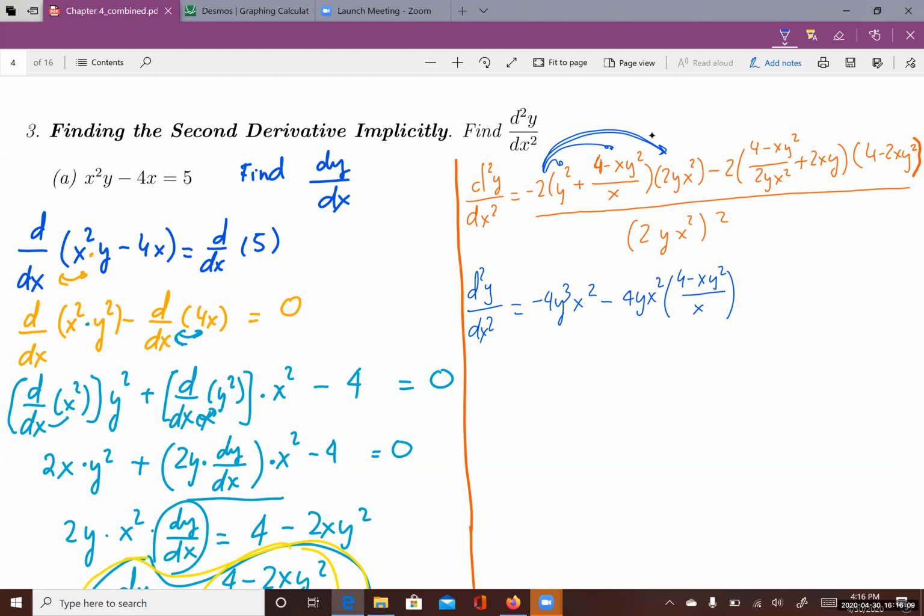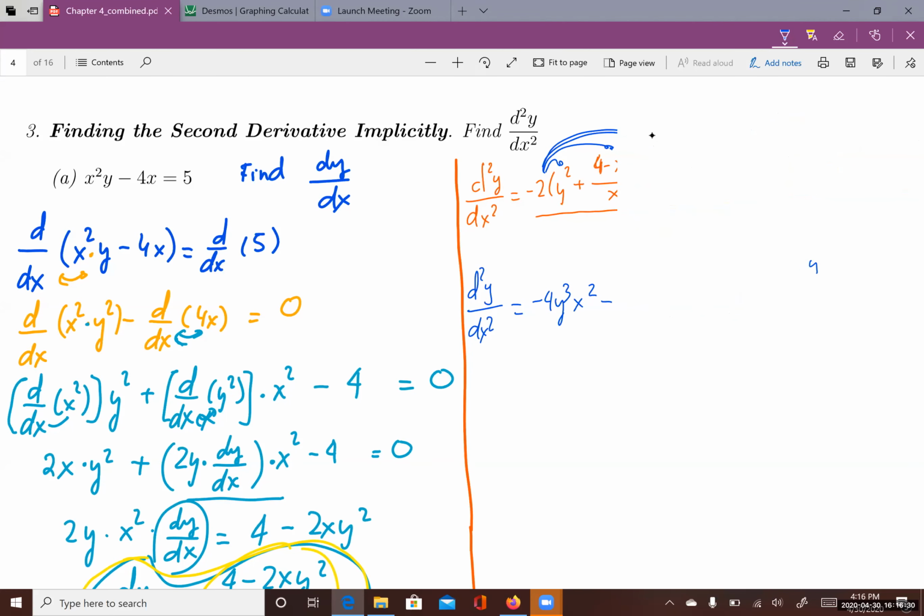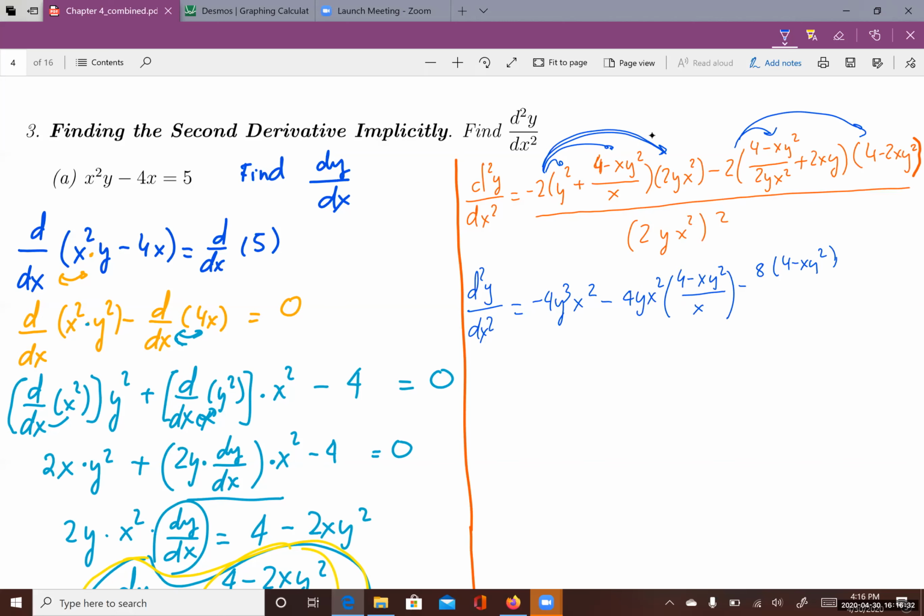The second term, I will multiply this into here, okay, and then this into here. So you get 8, 4 minus xy squared divided by 2yx squared. Okay, so that's one term.